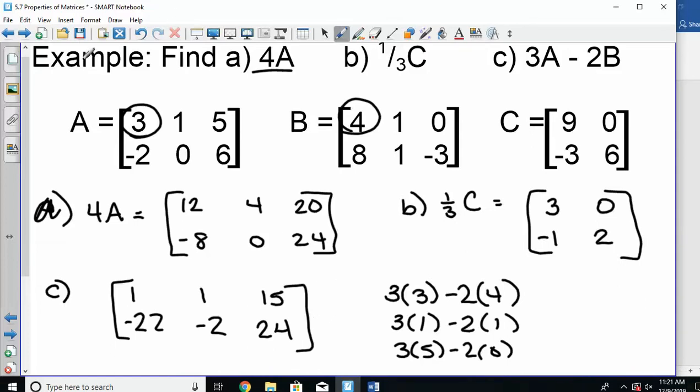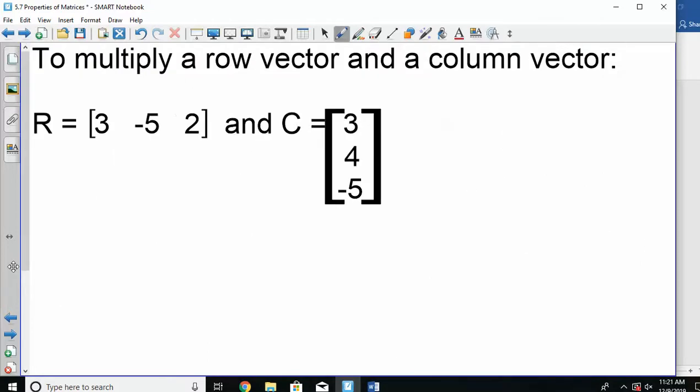The next thing I want to talk about is the multiplication. When you multiply matrices, you do not just multiply corresponding numbers. So we are going to start out with just multiplying a row times a column. When you take a row times a column, you will actually get a single answer. The rule is you will multiply the corresponding numbers together and then add those pieces.